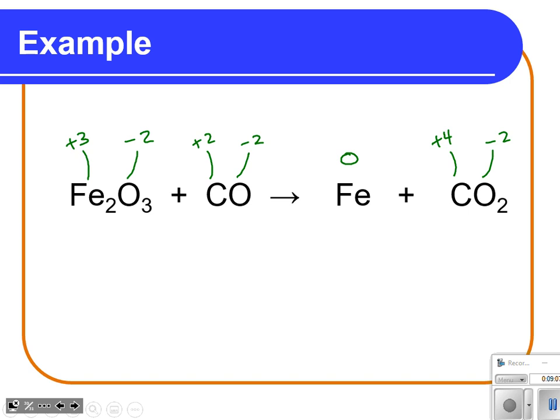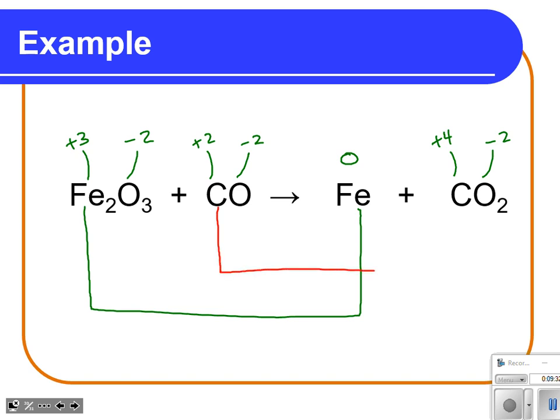Now, step 3 is that confusing one where we need to use a line to connect the atoms that are undergoing oxidation and those that are undergoing reduction. So I'm just simply going to connect my iron, and then I am going to connect my carbon.